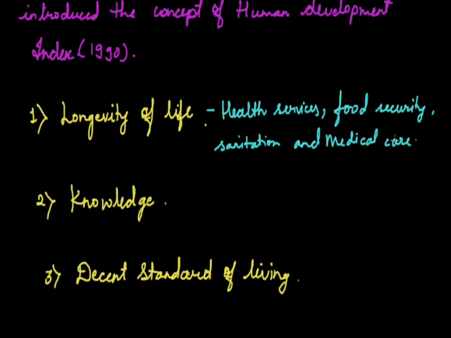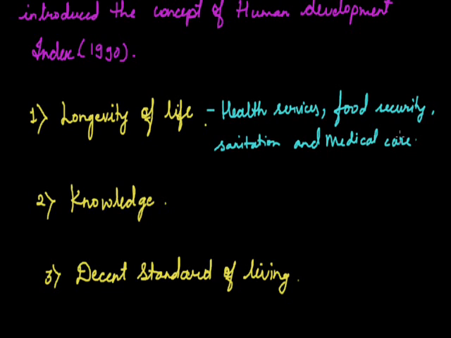According to this, we can calculate that if the life expectancy, the number of years a person is expected to live on average, is high, then it is because of good health services, food security, medical care and sanitation facilities. Otherwise, the age of a person is at a lower level.